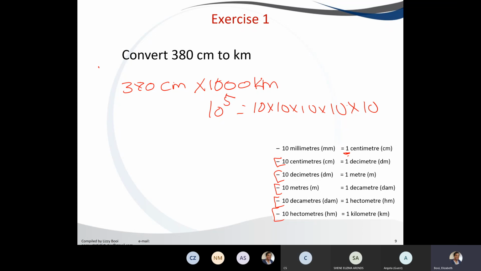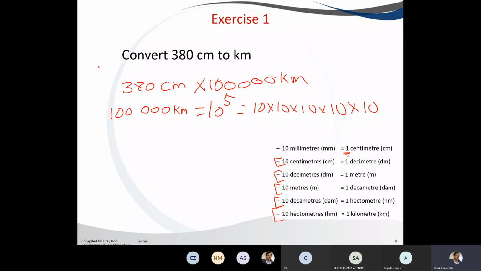If you take your calculator and multiply that, you will notice that this is equivalent to 100,000. So your answer there, you could have just multiplied by 100,000 to get kilometers.